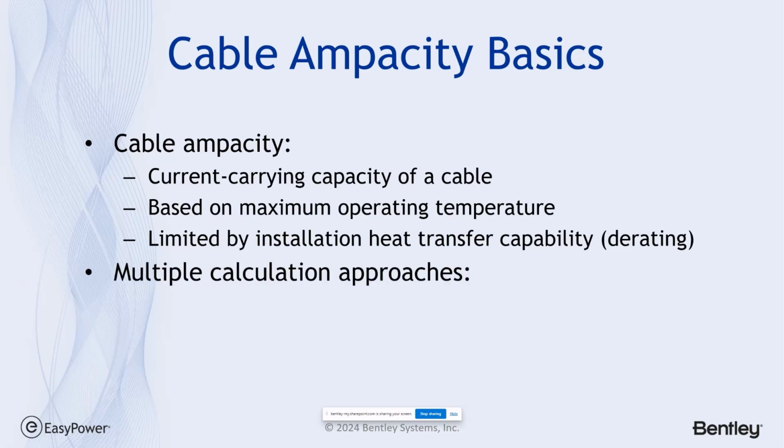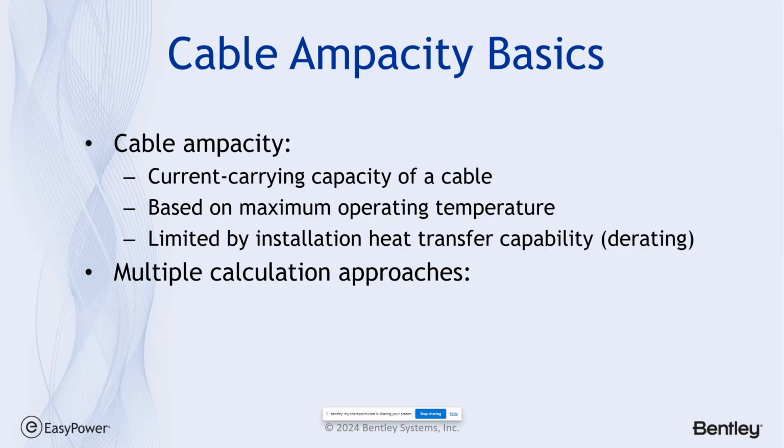Practical application has also shown that the installation medium, such as direct buried, installed in ducts, trays, open air, etc., and external sources of heat, adjacent cables for example, can significantly limit a cable's ampacity before the conductor reaches its maximum operating temperature.